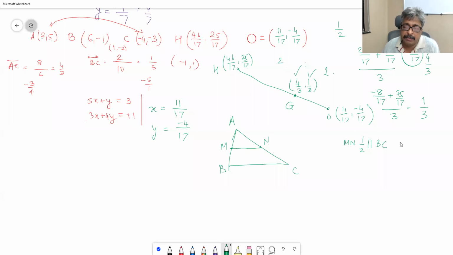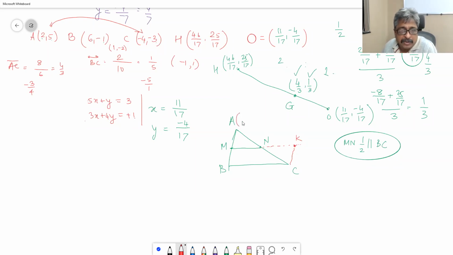That is our midpoint theorem. Unless we do this construction and study all the parallelogram results, extend MN up to K and then prove it, it is an extremely difficult proof to show MN is half of and parallel to BC.